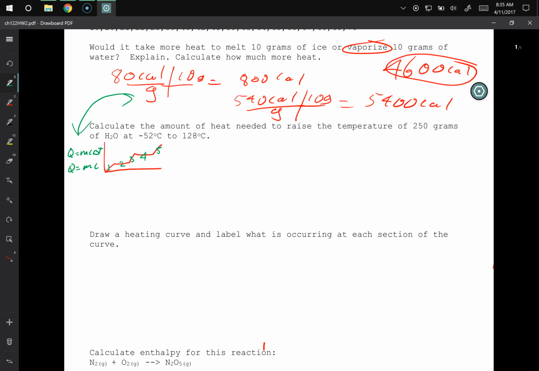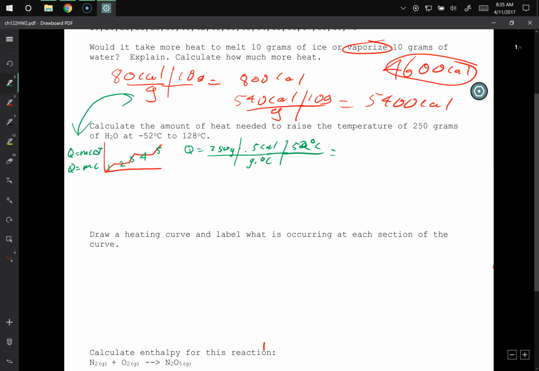So 250 grams. Q equals 250 grams, 0.5 calories per gram degree C, and 52 degrees C. Okay, so the 250 was given in the problem, where did this 0.5 come from?